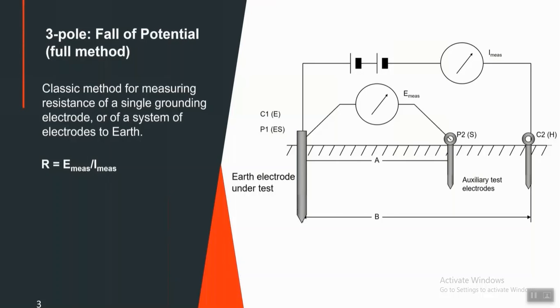If it finds any variables out of specification, the tester will give information to the operator, depending on the features of the equipment.